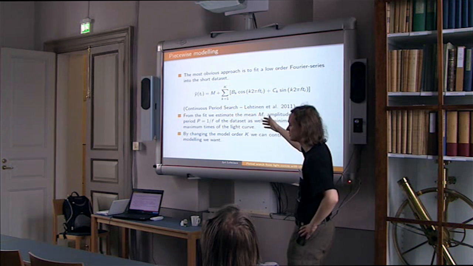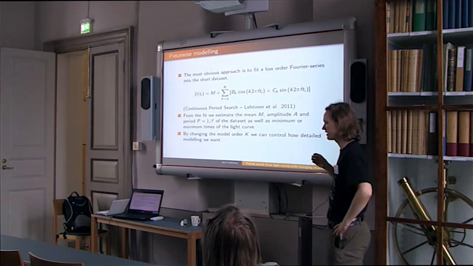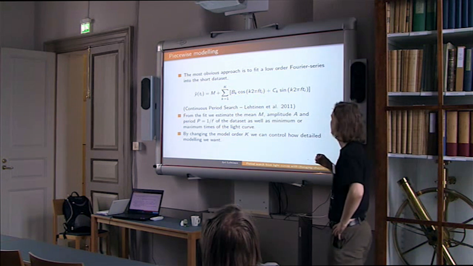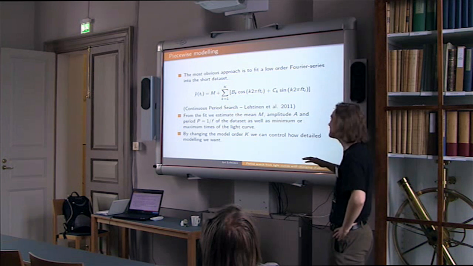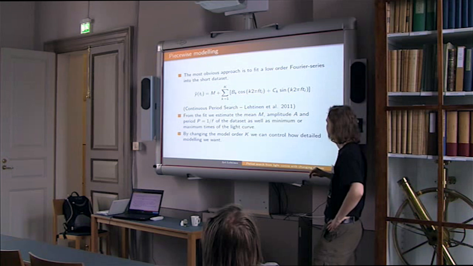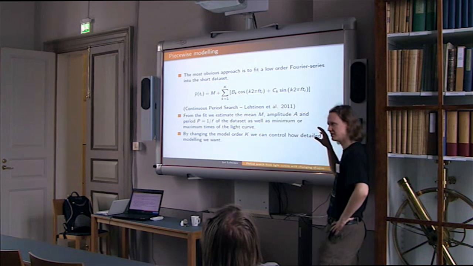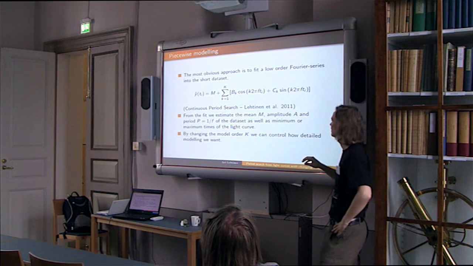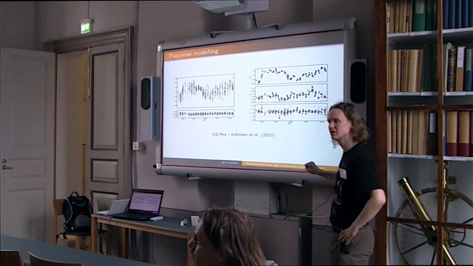Sometimes you want to go to 3. If you want to use this kind of method for something like Cepheids, then you would want to go to something like order 5, but in no case above that. So the ideal case is to have a simple, well-behaving modeling approach.